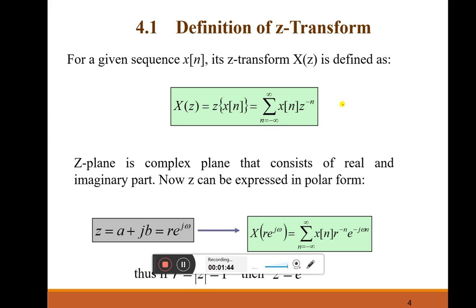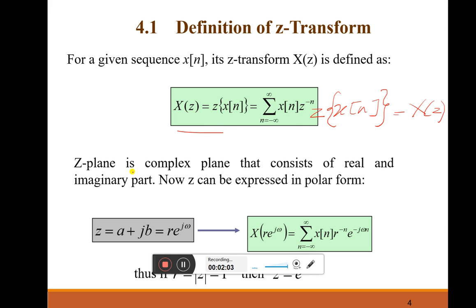Okay, so notation here for x[n], kita nak buat Z transform of x[n]. Okay, kita letak curly bracket and you put Z, equals to X(z). Right, sama macam yang ni lah.